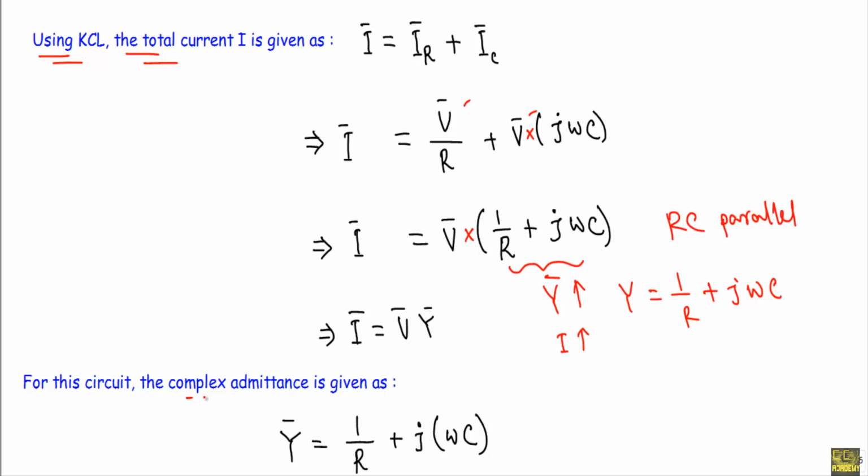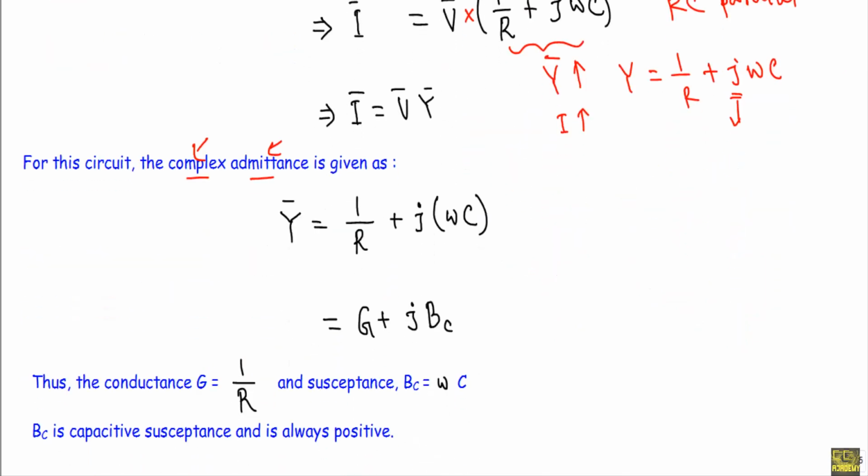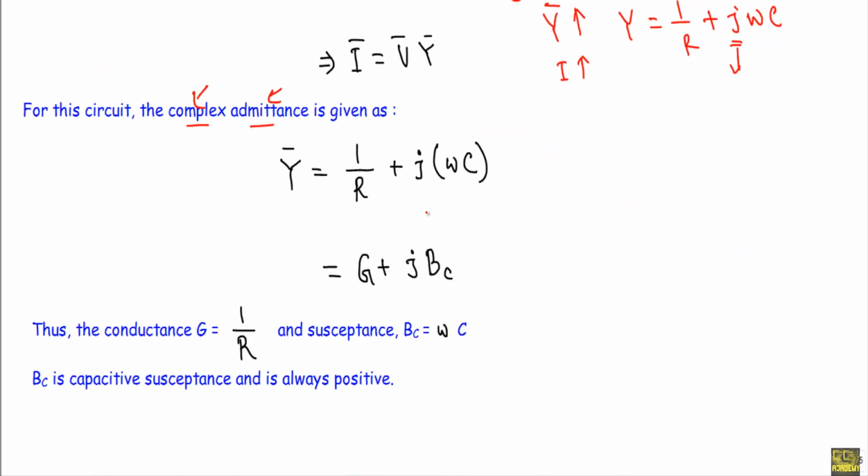See, Y will be a complex number because here we have 1 over R plus this j. This is complex operator, so that will be complex admittance. Complex admittance Y will be equal to 1 over R plus j omega c. We know that the reciprocal of resistance, or 1 over R, is the conductance, and in case of capacitance, the capacitive susceptance BC is equal to omega c.